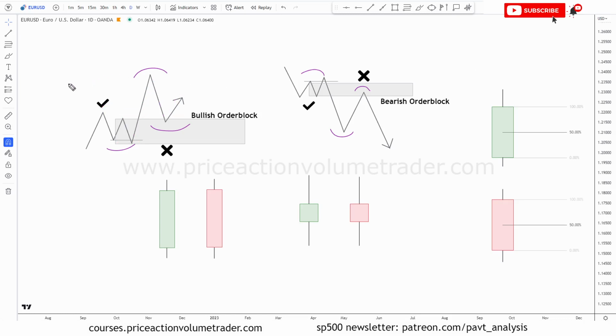One of the steps that ICT mentions, and you can see all his mentorship material for free on YouTube that he published last year, is that he looks for a previous swing low here to just be violated and then have that push up here.